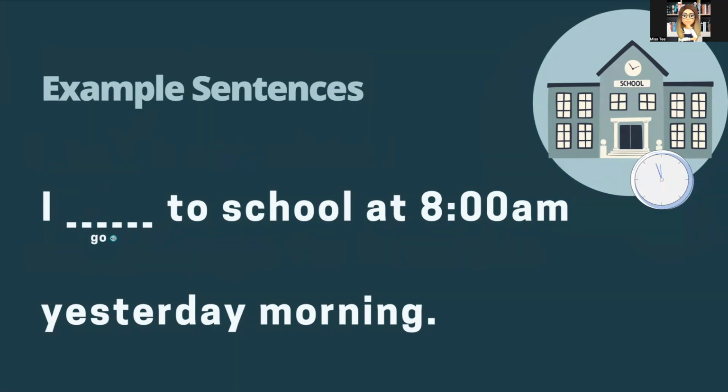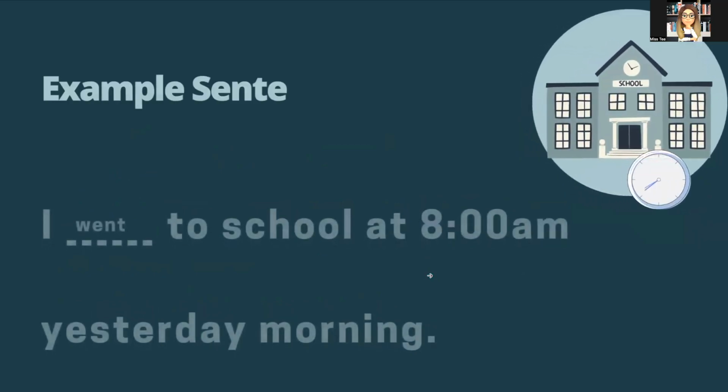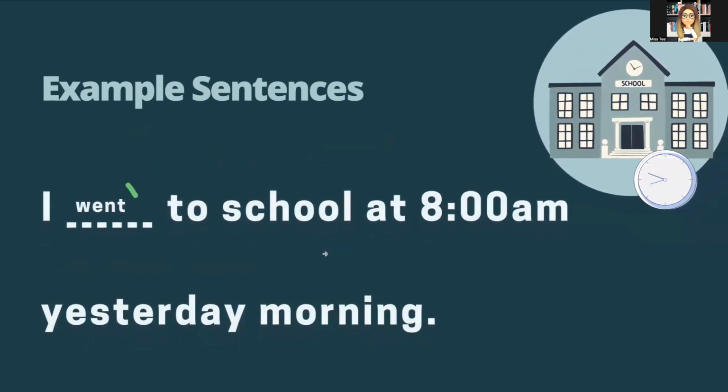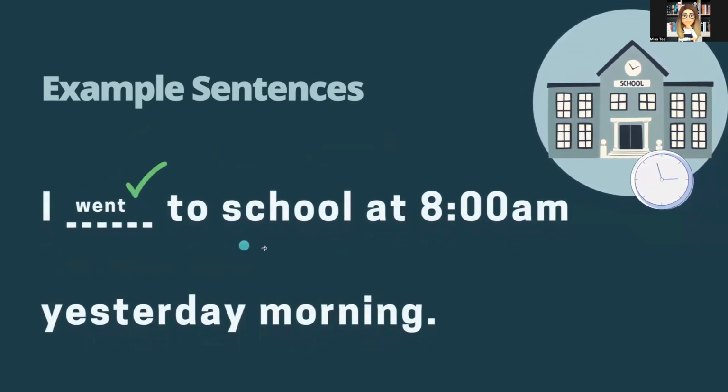So you have to pull it from your brain after memorizing it. So what is the form that we're going to put here? What's the word? What's the spelling? Let's see. I went to school at 8:00 a.m. yesterday morning. So went is the correct form of that one.